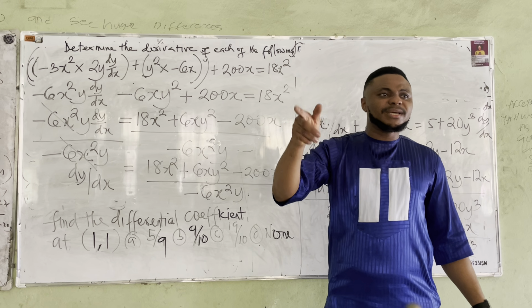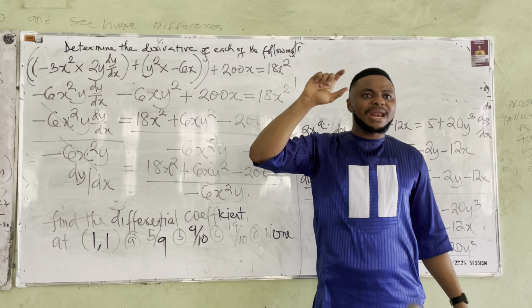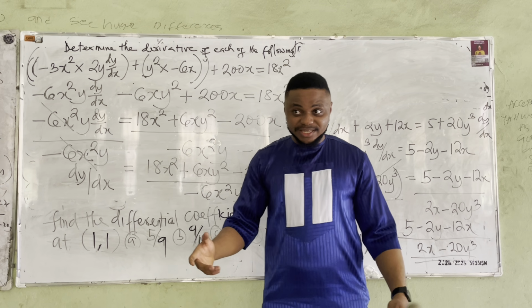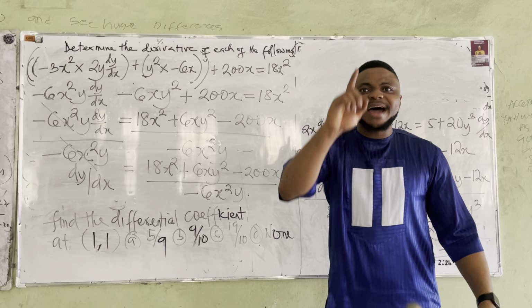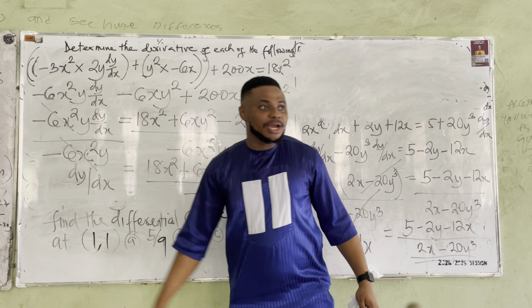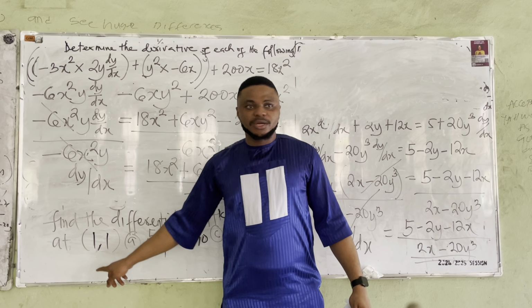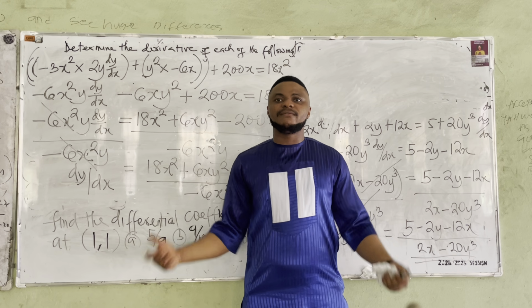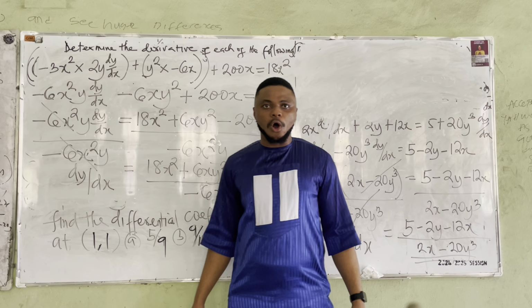What number 6 means is that when you differentiate that particular function, at your final answer, wherever you see x, put 1. Wherever you see y, put 1. It's just a coincidence that both of them are the same value. But the first value is always for x, while the second value is always for y.